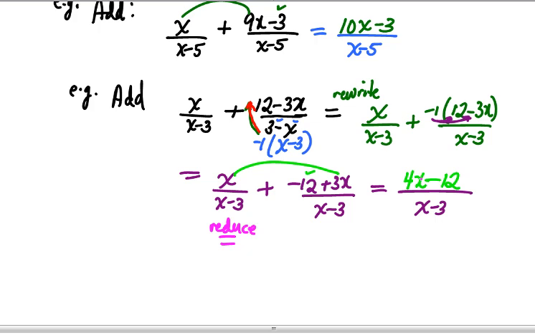So to reduce, we always factor if we can. So we can factor a 4 from the numerator, and that gives us x minus 3. And the denominator's already factored. So now I reduce. So this addition problem just gave us the number 4.